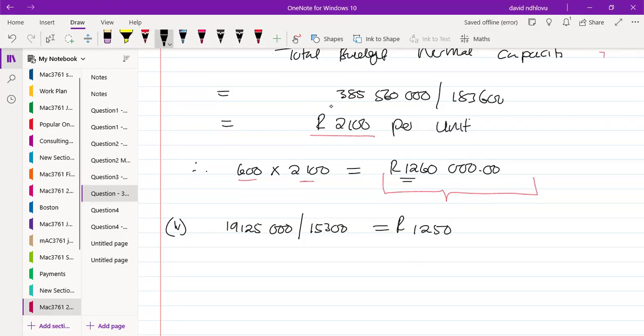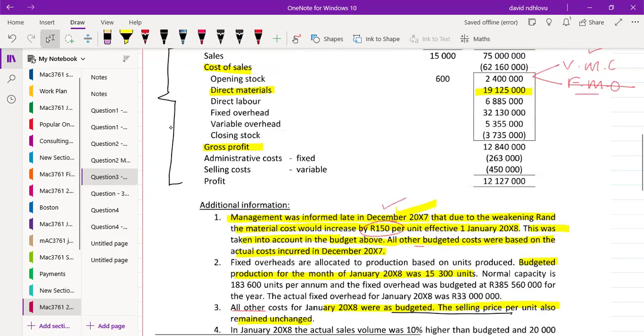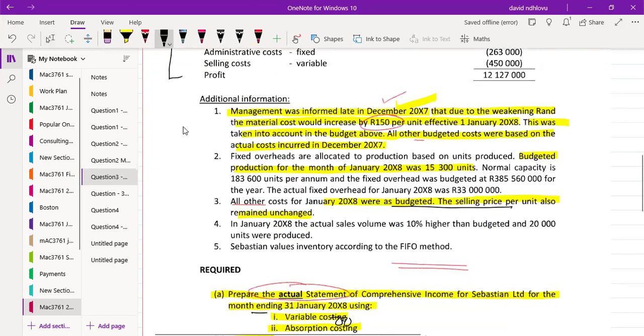Now remember, we are told this budgeted cost was the same also for the actual production. So what we need to know is what is the actual production for the month of January. We were given that. In January, the actual sales volume was 10% higher than the budget and 20,000 units were produced.